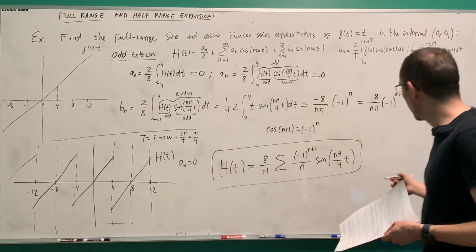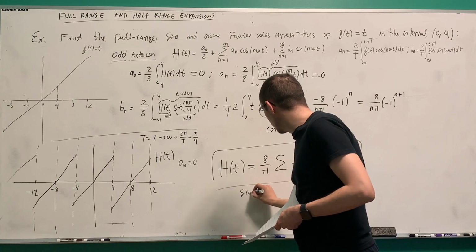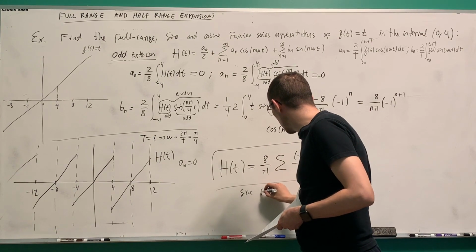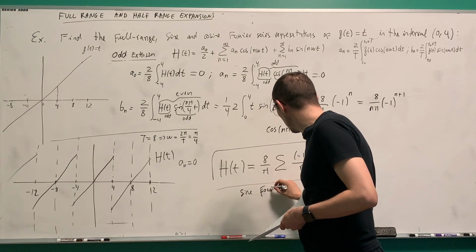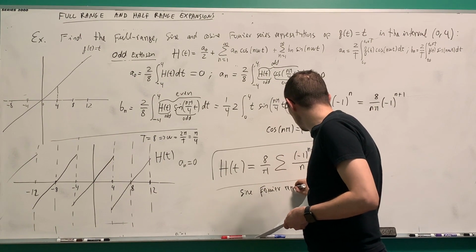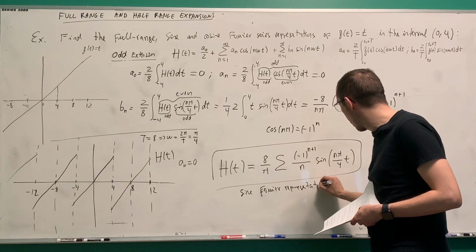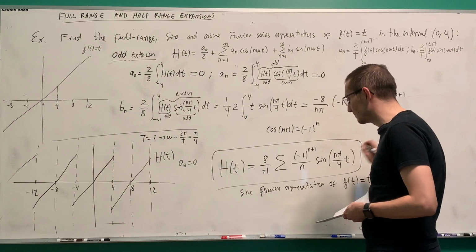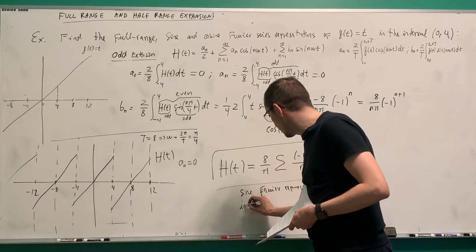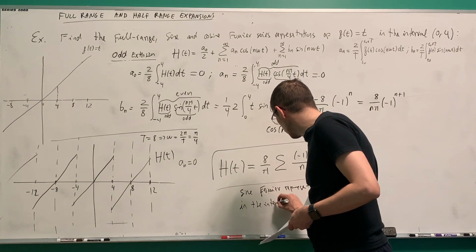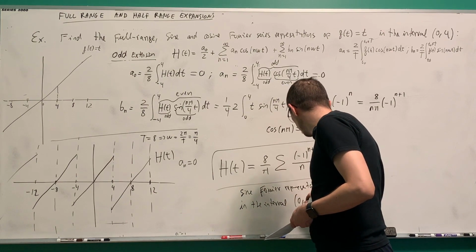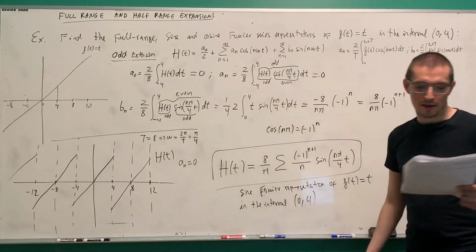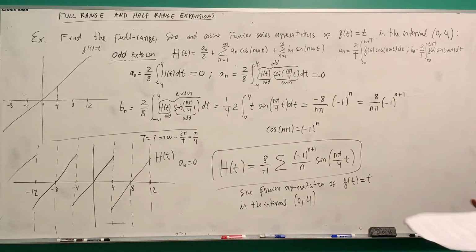All right, so this thing is the sine Fourier representation of f of t equals t in the interval 0, 4. All right, let's put them all together to recap.